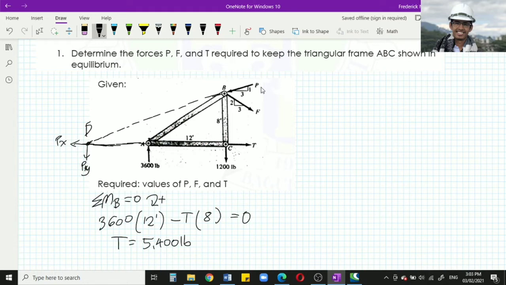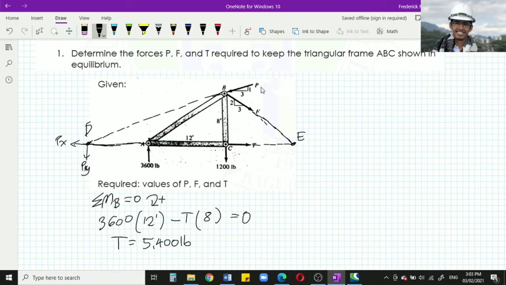And then, yung force F natin, pwede rin natin siyang i-extend yung kanyang line of action, di ba? So, we can extend yung line of action hanggang mag-intersect siya dito sa line of action ng force T. So, let's call this point E.